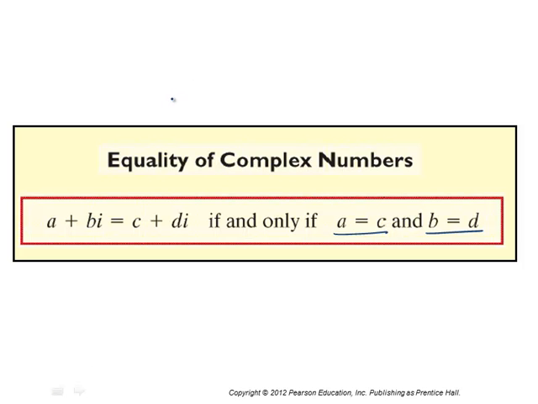If you have 2 plus 3i, the only number that's going to be equal to it is a number where the real part is 2, plus an imaginary part where the numbers add up to 3 as well.